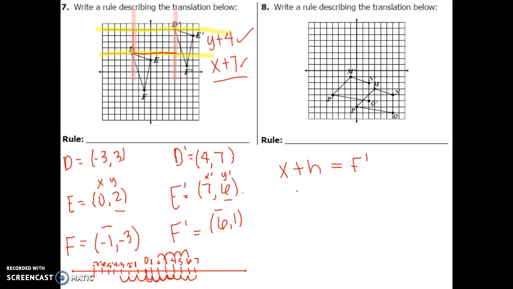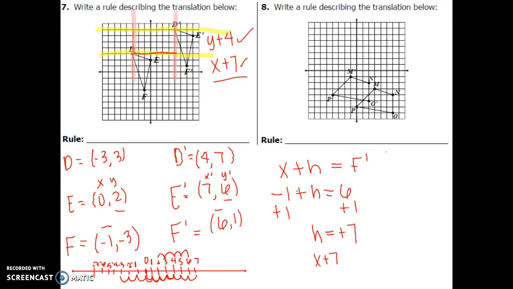So here that would be -1 plus our H has to give us F prime for X, which is 6. So that means in order to solve for my H, I would just say +1 plus 1, and our H is equal to a +7. So that's how I know to do X plus 7.